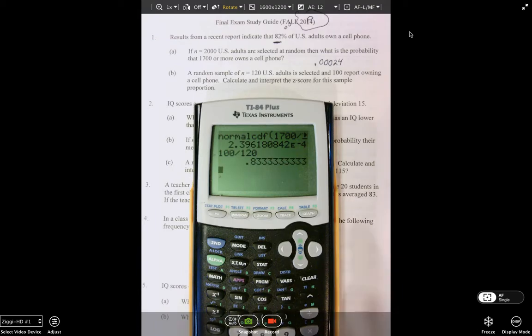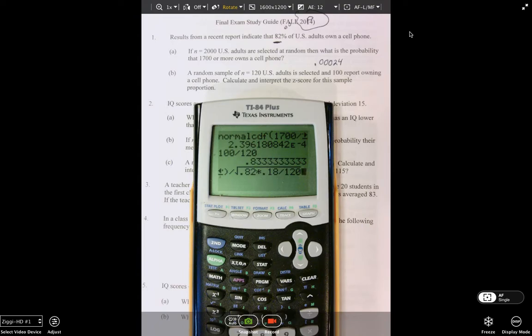Now, using the formula, I know that I want to take that answer and subtract from it the mean of the distribution, which is 0.82, and then I want to divide that by the standard error. And in this case, I didn't take 2,000 students like the previous problem. I took a sample of 120.